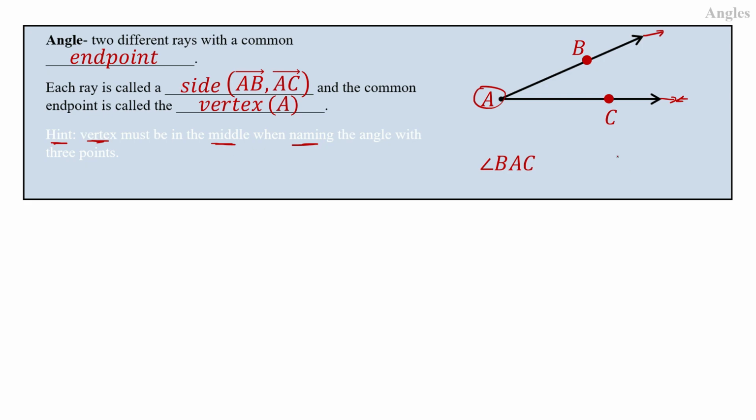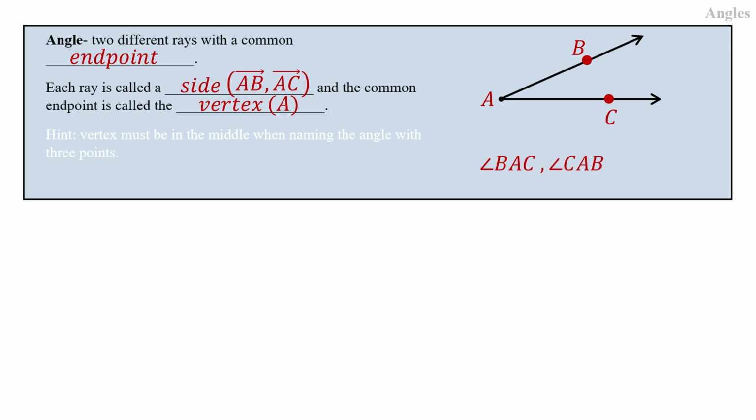Sometimes you can use 1 point, and I'll explain the difference between using 1 and 3 points in a little bit. But you can call it BAC. That vertex has to be in the middle. The other two don't matter. You can go this way and call it BAC, or if I go this way, I can also call it CAB. But you do have to go in a clockwise or counterclockwise order. So you can also call it angle CAB.